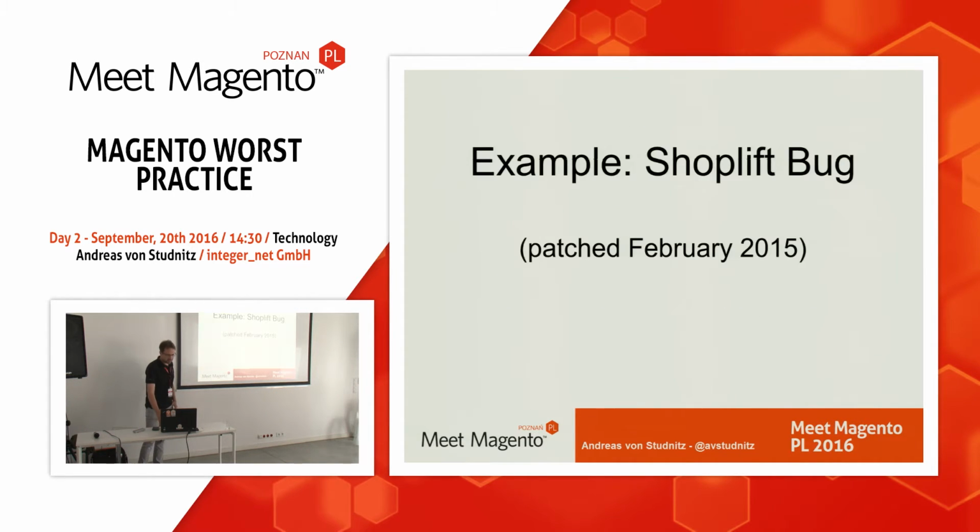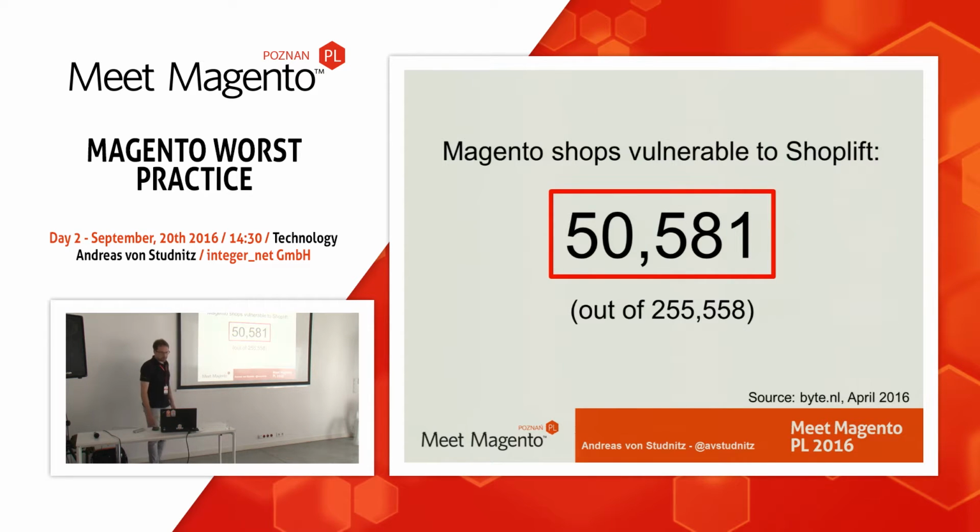One example is the Shoplift bug. That's the most well-known bug, which was communicated and patched in February 2015, 1.5 years ago, and it allowed the attacker to lift the shop, to take over the shop in general. And recently, a few months ago, still more than 50,000 shops were vulnerable to this.